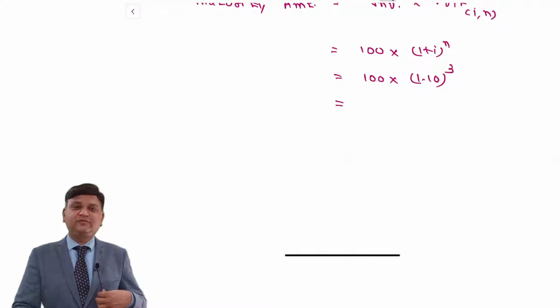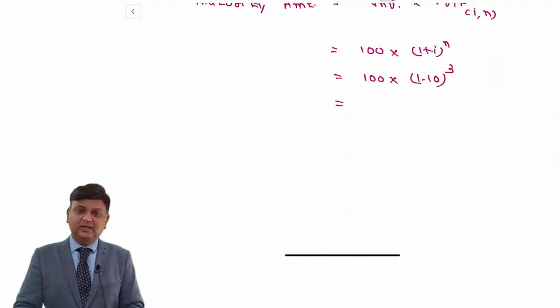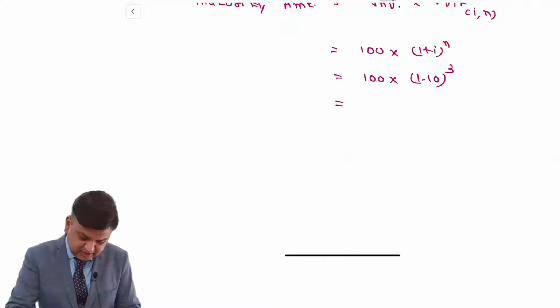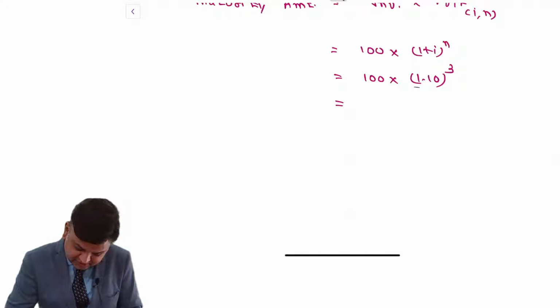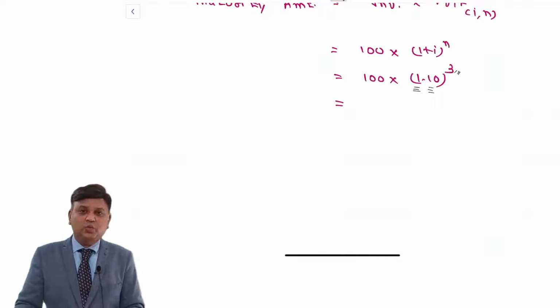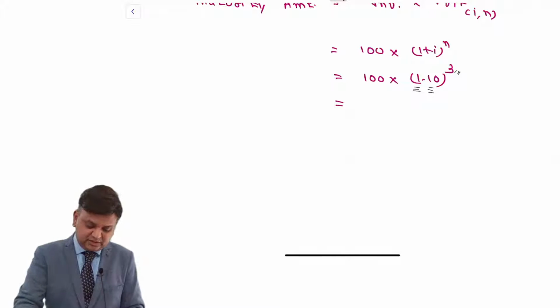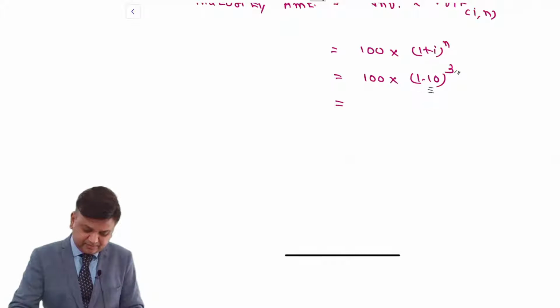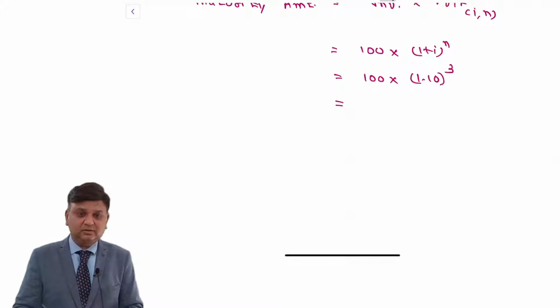Now what is this future value interest factor indicating? It is indicating that if 1 rupee is invested today at the rate of 10 percent for a time period of 3 years, what is the maturity amount of deposit at the end of the third year? That is the way we are required to calculate the answer.